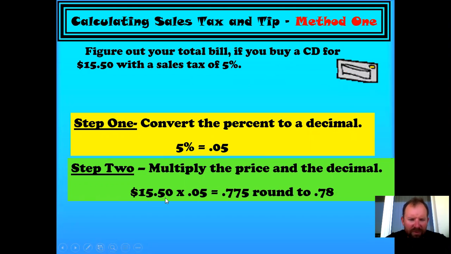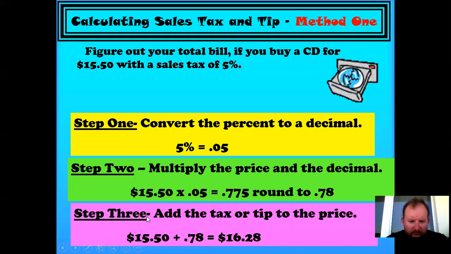We take our price of $15.50 and multiply it times our percent as a decimal, and we get 77 cents, or 78 cents, because we rounded up. So we multiply out to 3 decimal places and then round up to 78 cents, because money doesn't have 3 places after the decimal, does it? So we have to be conscious of that.